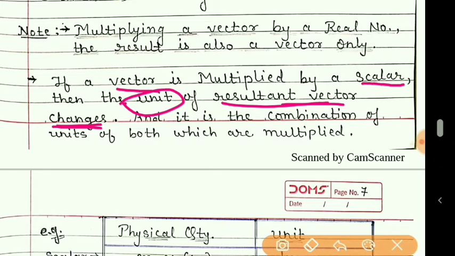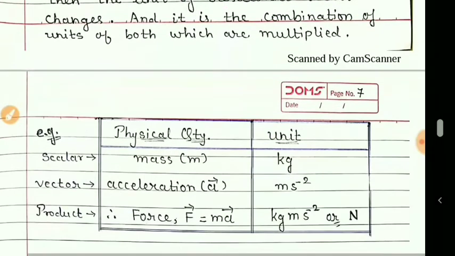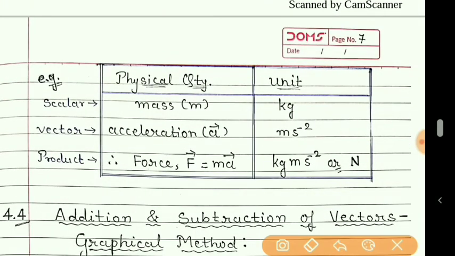First of all we have to remember that when a scalar is multiplied by a vector, the result is also a vector quantity, but the result obtained has a different unit, and that unit is the combination of both the vector and the scalar which are multiplied. So there is one example here, physical quantity and their unit.